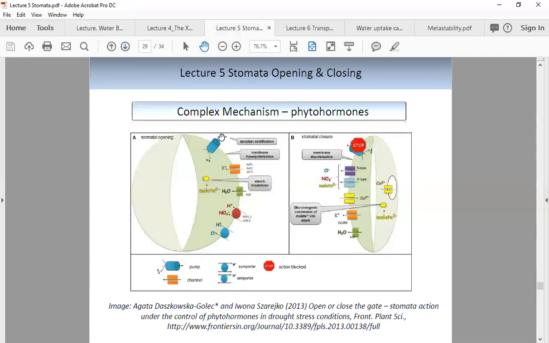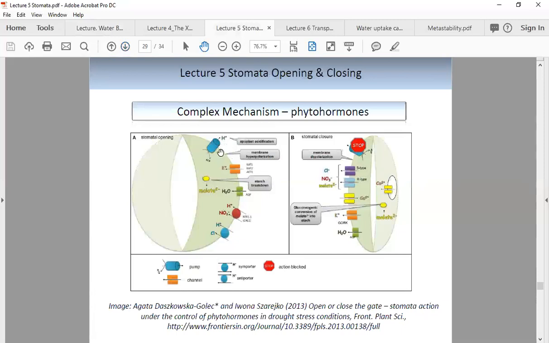So if you're pumping positive ions outside, it starts the transfer, yes, it certainly does. Active pumping of protons to the outside of the membrane actually sets up something across the membrane, which is referred to here as membrane hyperpolarization.